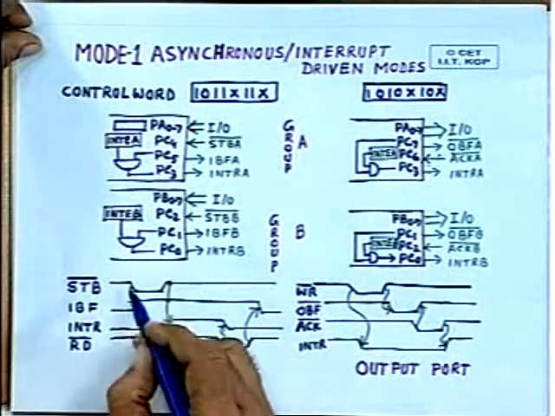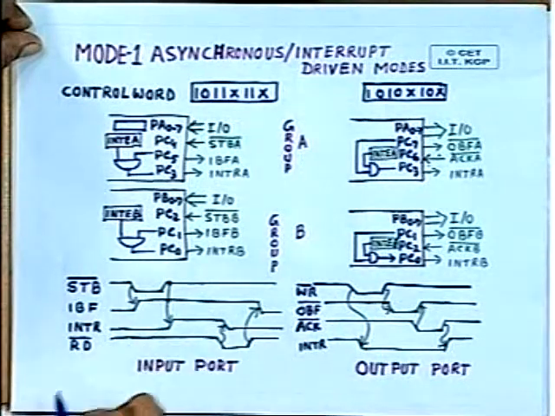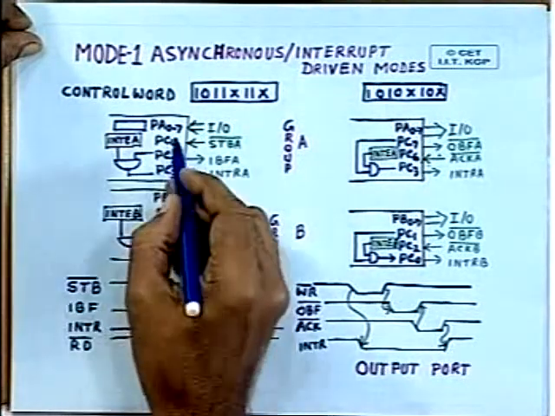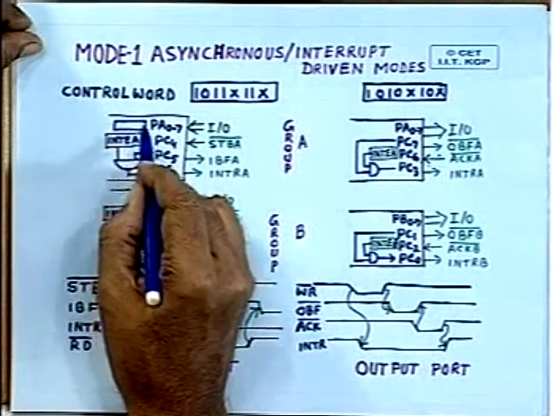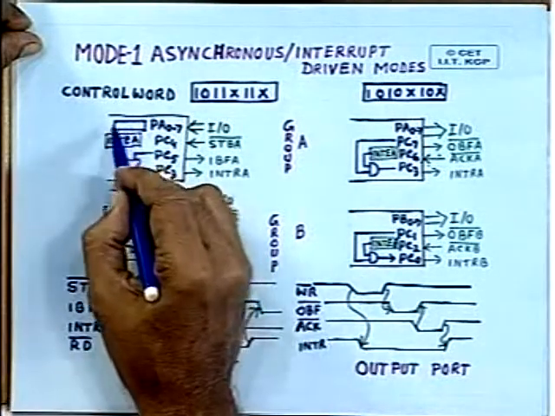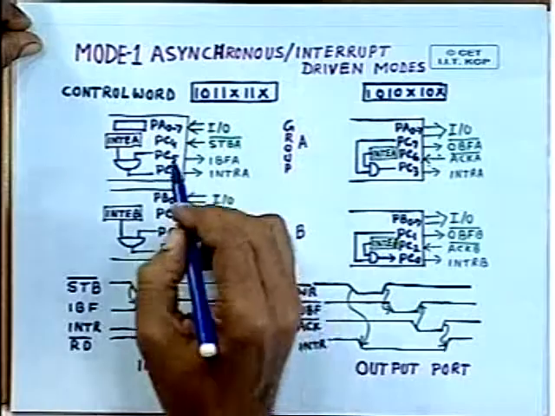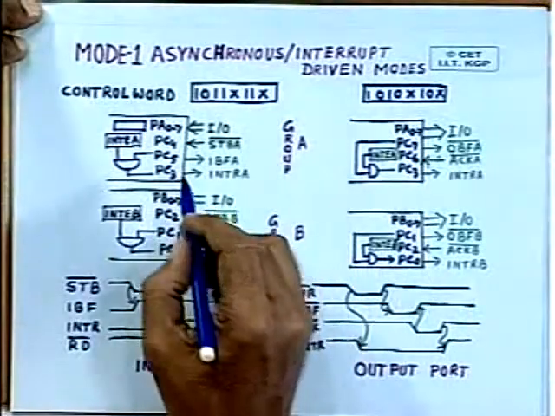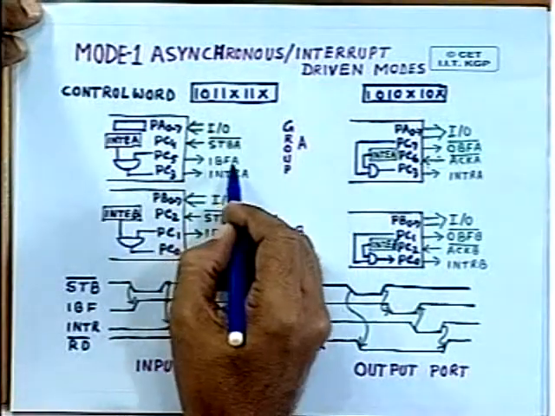So the strobe signal will transfer data to this register, it will go there, but it will remain there. And how will the microprocessor know about it? The microprocessor will know about it by looking at this input buffer full A signal.